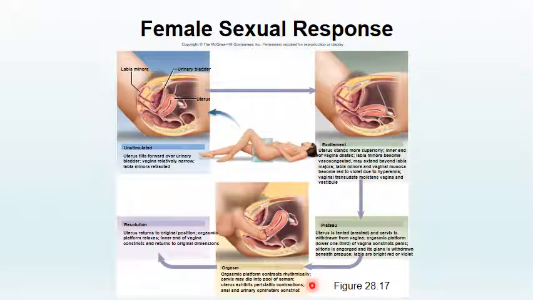In females, orgasm is going to last a little bit longer, so we get about 3 to 5 strong contractions of what's called the pelvic platform or the orgasmic platform. That is going to cause the cervix to dip down to where that sperm has been deposited.